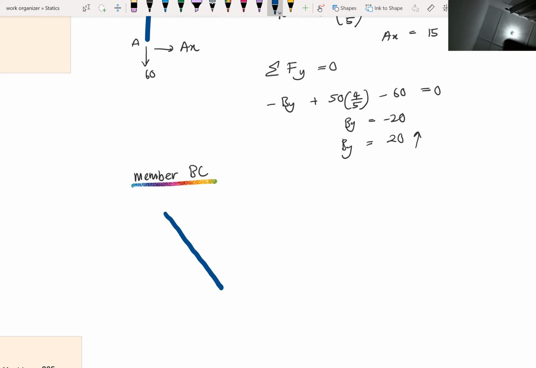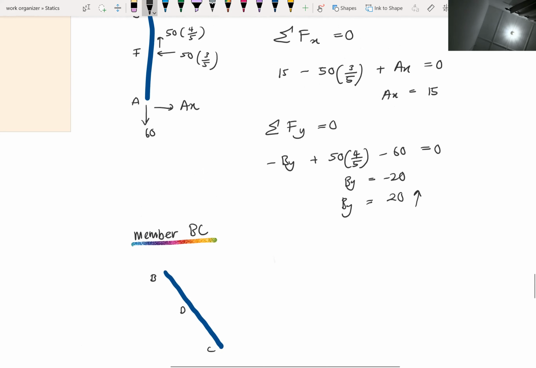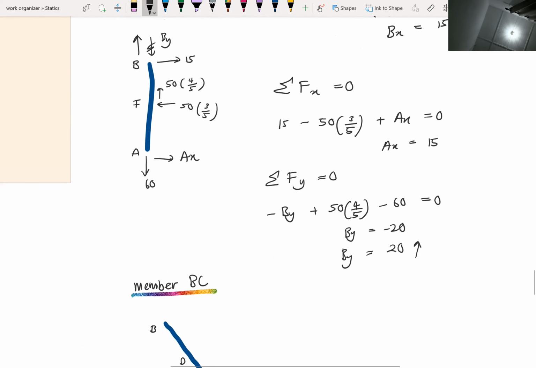Okay, and then we have B, D, and then we have C. So for B, we have to look at this. We have to make sure it is in the opposite direction.